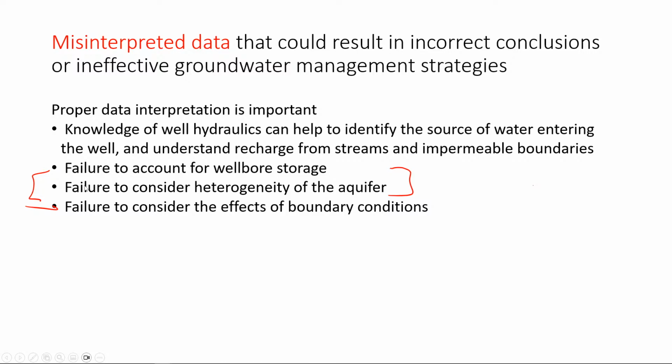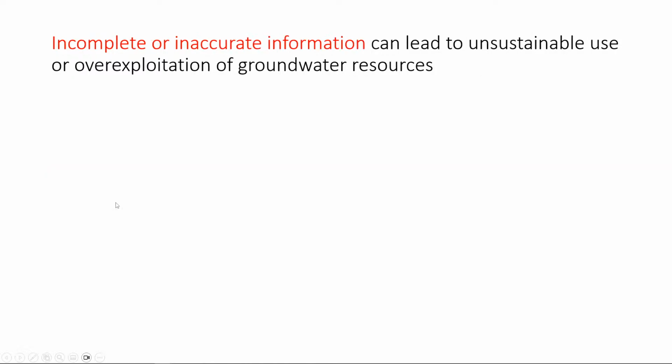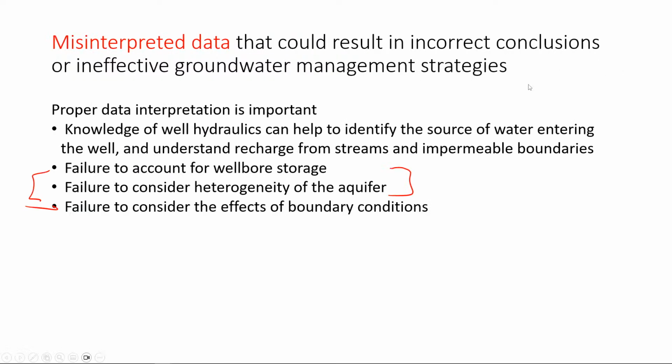Okay, let's say now you did everything correctly. You designed your well correctly, you interpreted your data correctly. That's not it actually. So let's say I designed my pumping test correctly. I did all these things correctly. I have a good understanding of well hydraulics. I accounted for well storage.